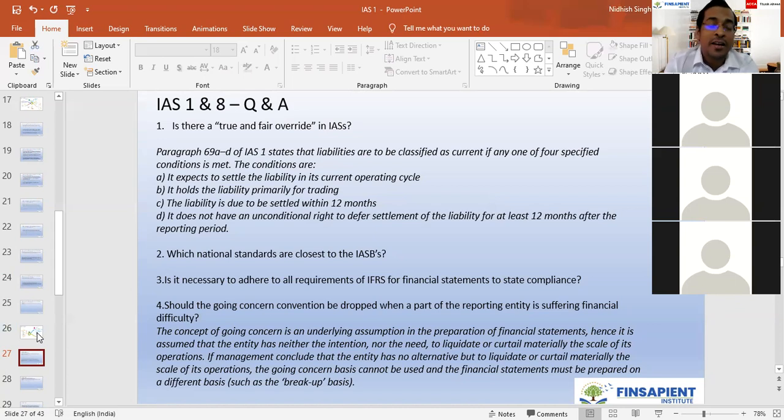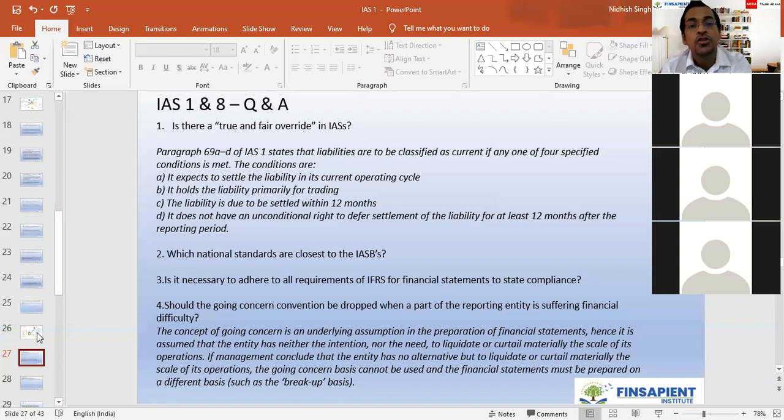Then there are rare earth metals. There are so many new industries popping up, and the accounting standards are still not there. Should the going concern convention be dropped when a part of the reporting entity is suffering financial difficulty? Again, materiality. That's why I highlighted materiality is a very good concept. If one part of the entity is suffering financial difficulty, but as an auditor you are concerned if it should still be going concern or breakup basis, how would you decide?